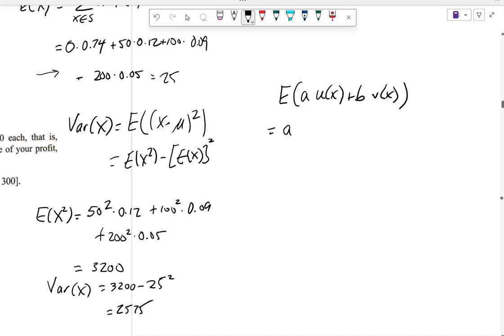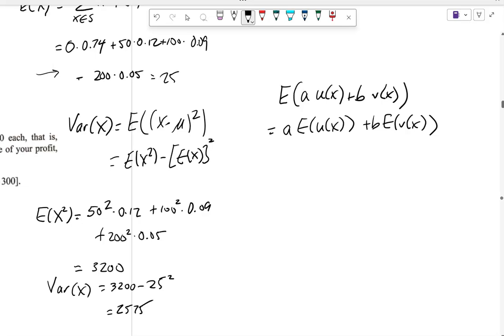Yeah, you can split it up over the sum and pull out the constants, right? And one last little thing: if this function was a 1, so I just had a constant there, then we know the expected value of a constant is just that constant, right?